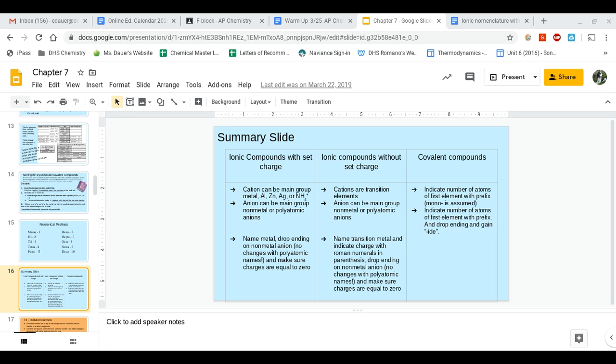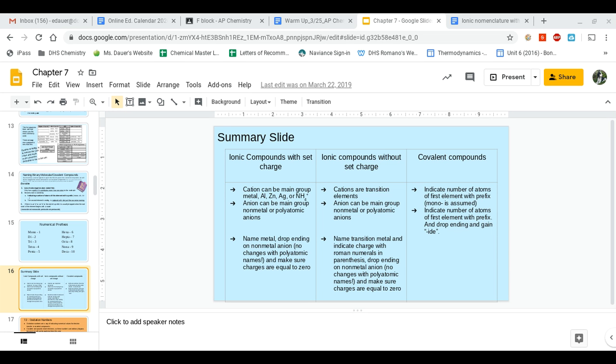All right. And finally, our covalent compounds, these are going to be using prefixes. We have them on the slide right before this. And we are just going to use it for our elements. That is why water is dihydrogen monoxide. There are 2 hydrogens and 1 oxygen.